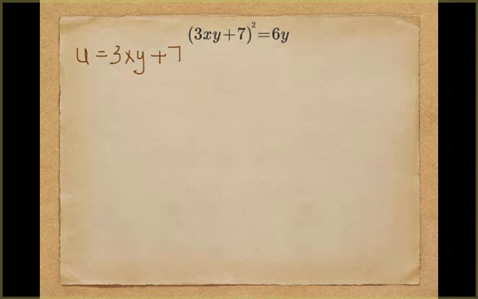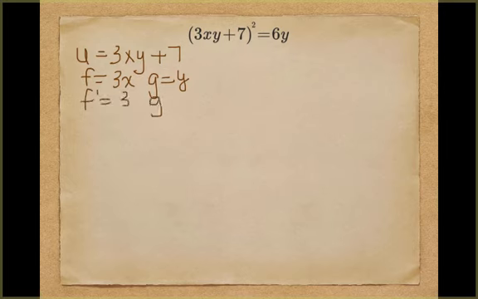In order to do the derivative of u, I have to use my product rule. So f equals 3x, g equals y, f prime equals 3, and g prime equals dy/dx.